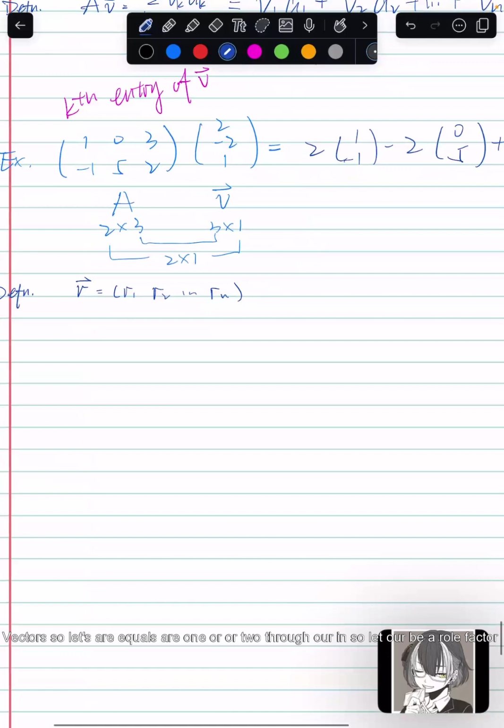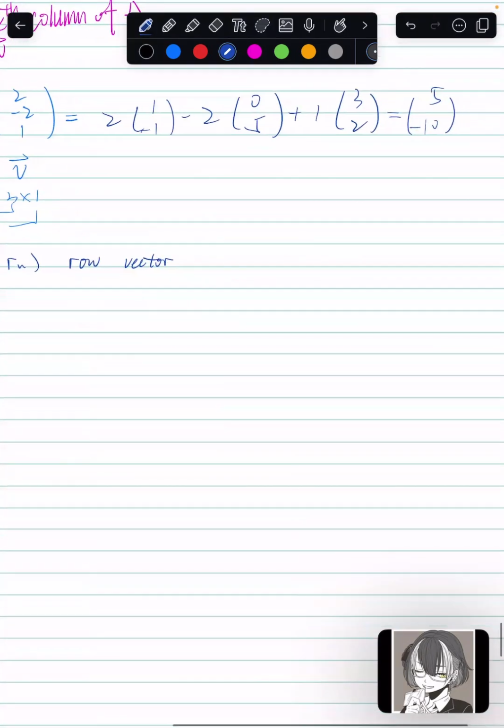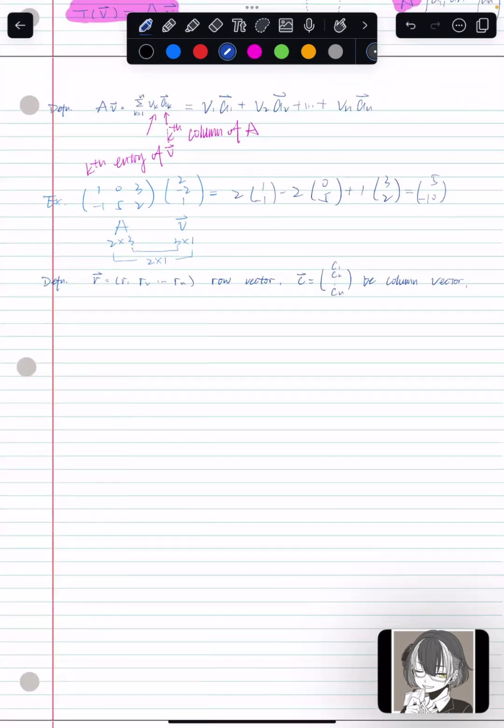So let R be a row vector, and C be a column vector, C equals C1, C2 through Cn. Then the dot product of them.